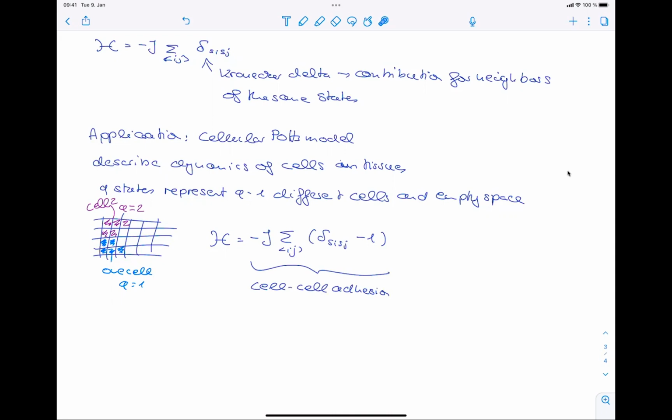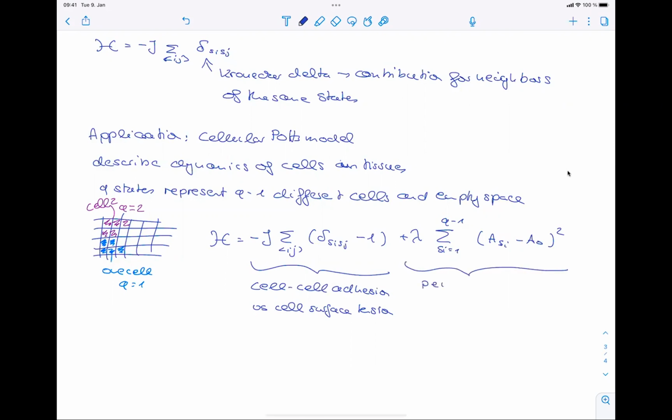Because I'm enumerating how big my surface is. This is cell surface tension. And then the elastic modulus I can take care of by adding another term, where I'm looking at the area of a state Si versus a reference area, which is like the typical size of the cell.